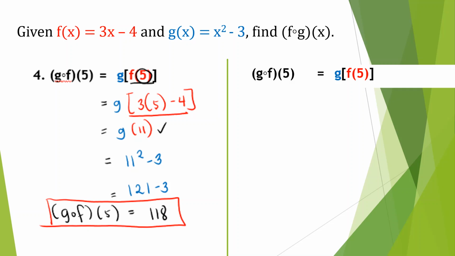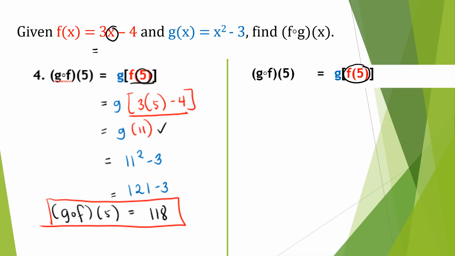Let us solve this in another way. G circle of f of 5 is equal to g of f of 5. The value of f of x here will be replaced to all the x in g of x. But we have to take note that all x in f of x will be changed to positive 5. So the x in f of x will be changed to positive 5.